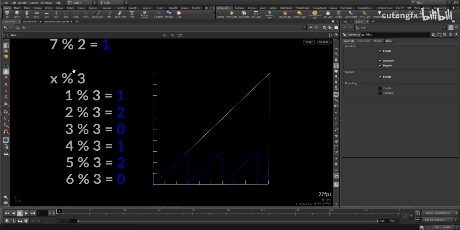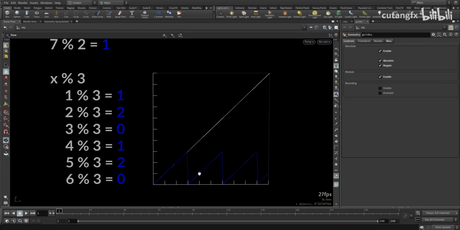If we modulus by 3, then we end up with this sort of zigzag. In other words, it increases linearly, so it matches our linear growth, but then suddenly it resets back to 0 and starts again. And you'll see that this white line and this section of the blue are parallel.